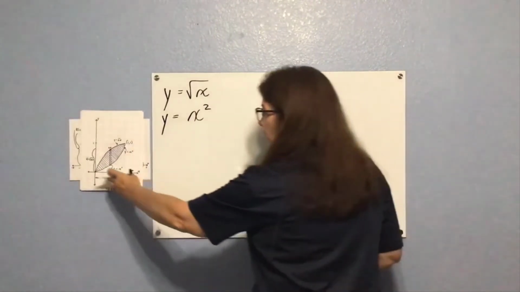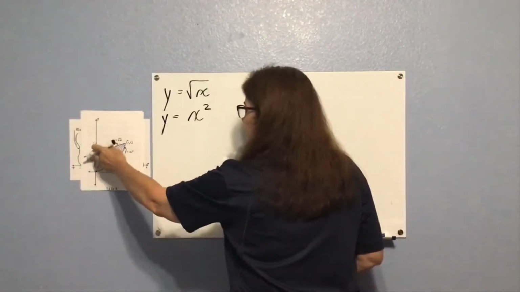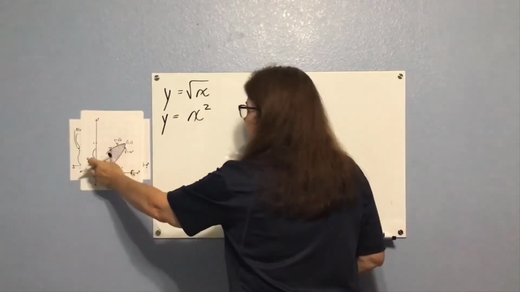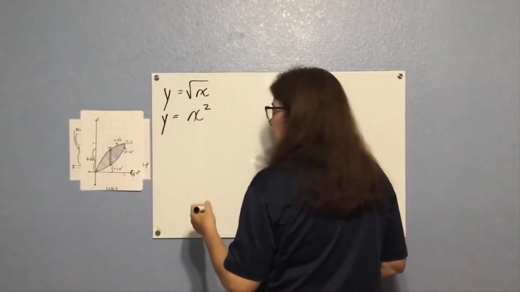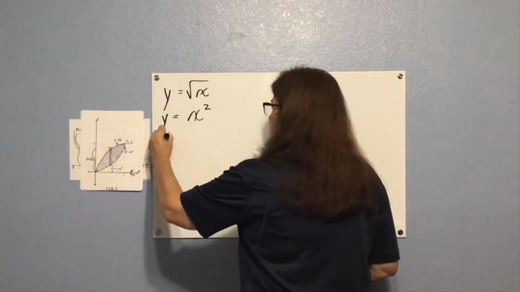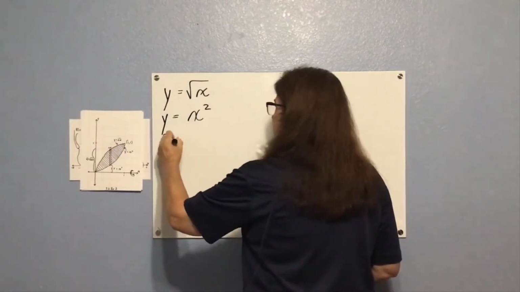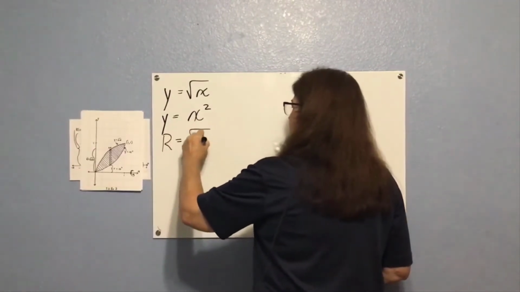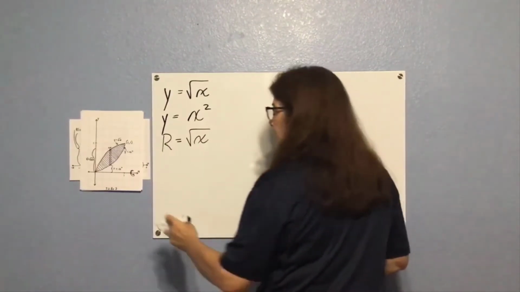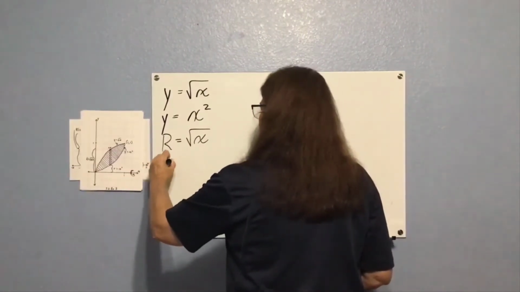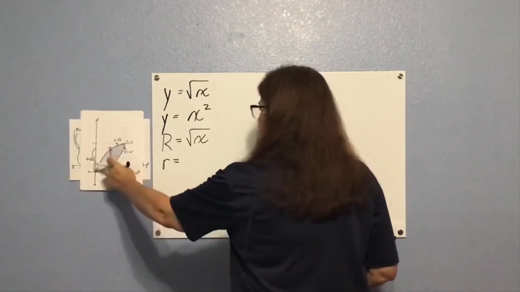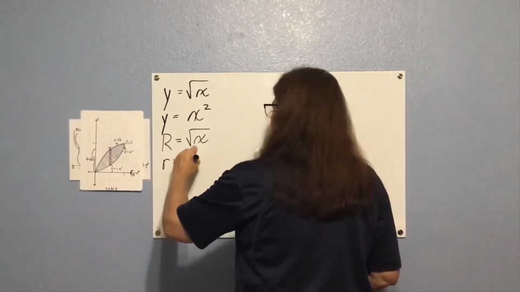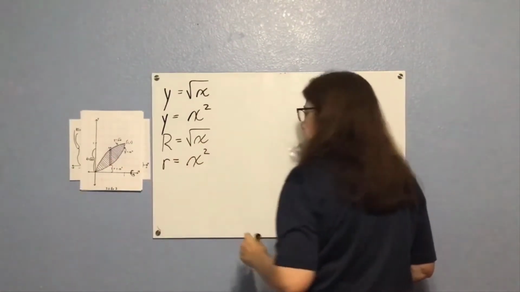Now in the diagram, we've defined this part out here as capital R, and capital R, the outside radius, is equal to the square root of x, and little r is that other part, the inside, that we're taking away, which is x squared.